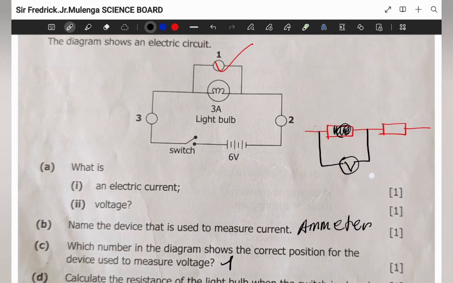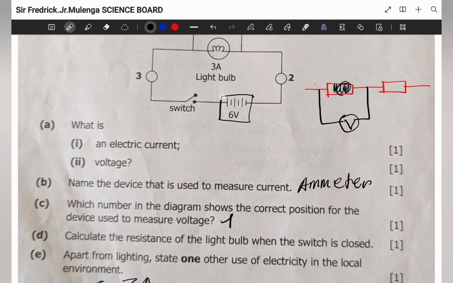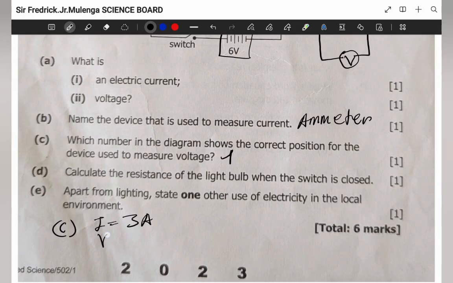Then the voltage given from the source is 6 volts. So what are we looking for? We are looking for resistance. So the question was supposed to be D.